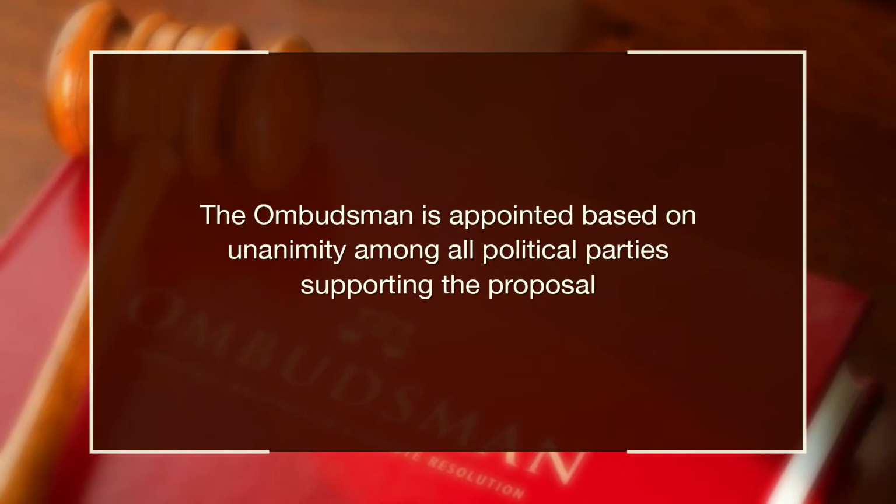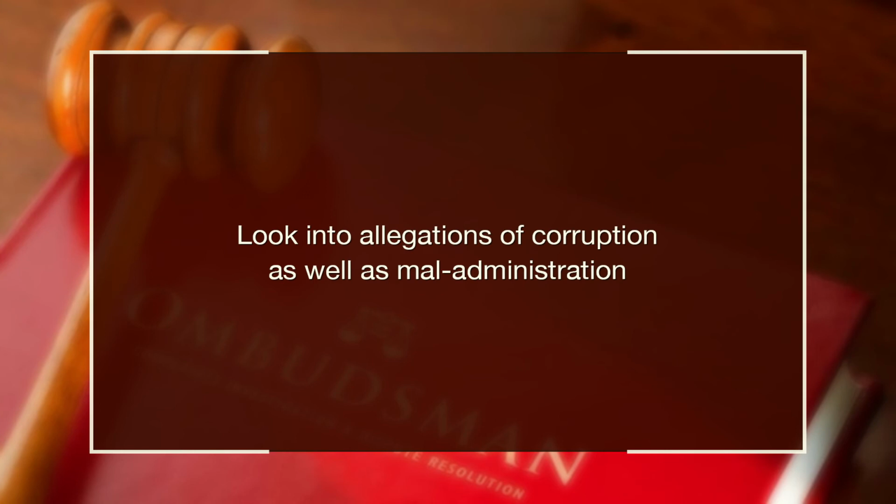Traditionally, the ombudsman is appointed based on unanimity among all the political parties supporting the proposal. The incumbent, though appointed by the legislature, is an independent functionary, independent of all the three organs of the state, but reports to the legislature. The ombudsman can act both on the basis of complaints made by citizens or suo motu. It can look into allegations of corruption as well as maladministration.